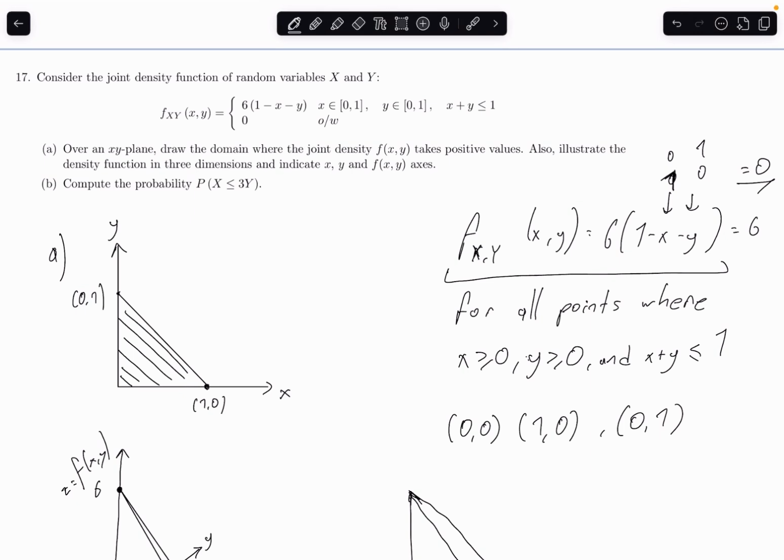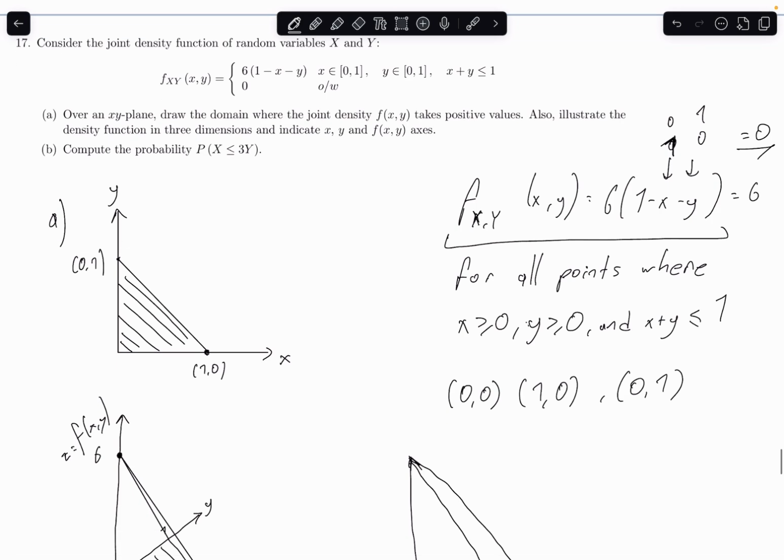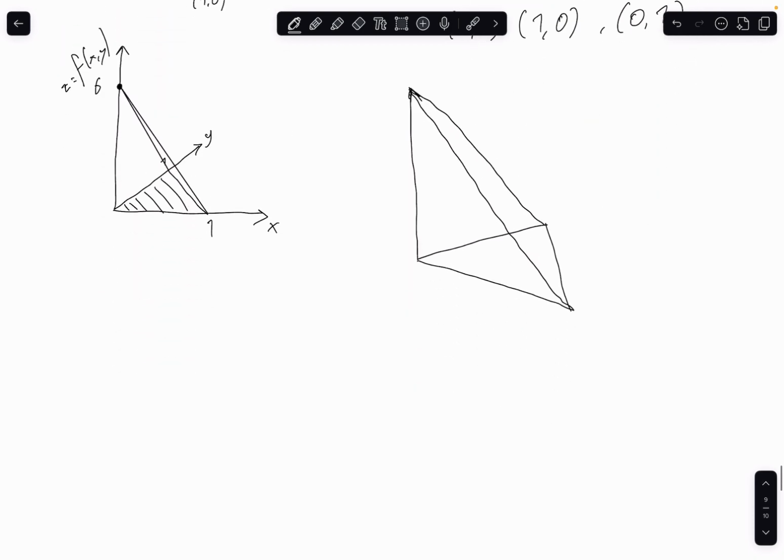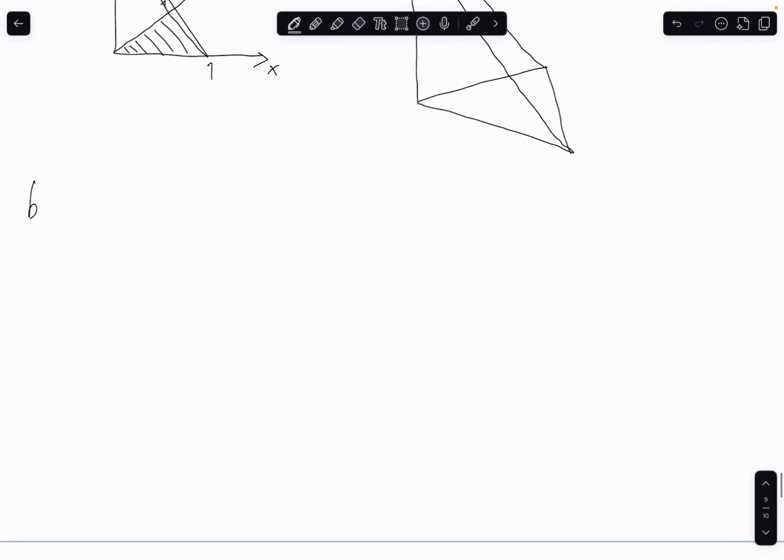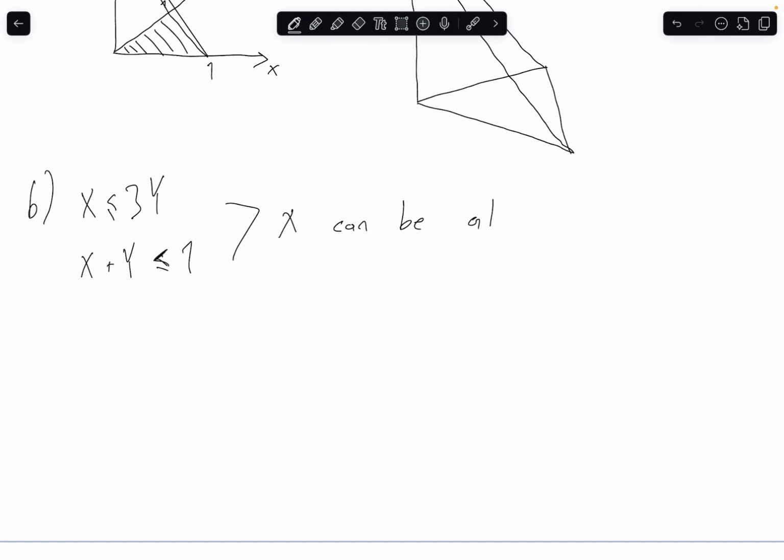Part B. Compute the probability of x less equal 3y. So note that we need to satisfy this one and this equation. So we can say that x can be at most 0.75.